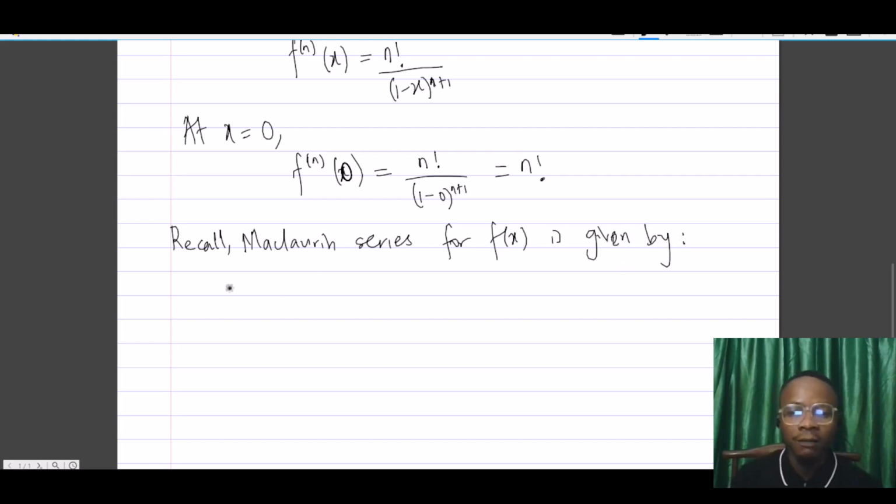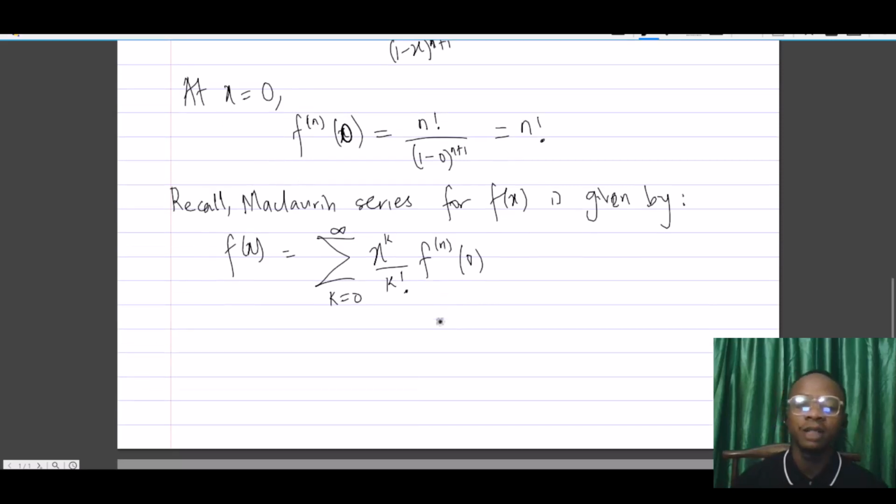So it's given by f of x equals, that's the Maclaurin series expansion from k equals 0 to infinity x to the power of k divided by k factorial, then multiplied by f, and that's the nth derivative of f at x equal to 0.